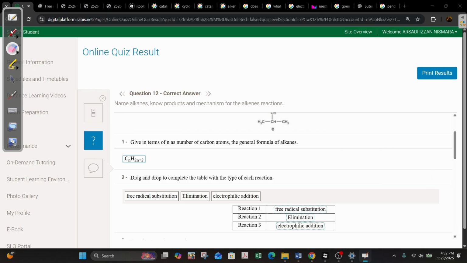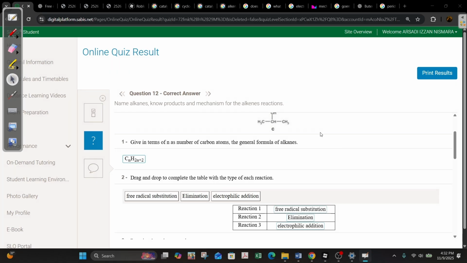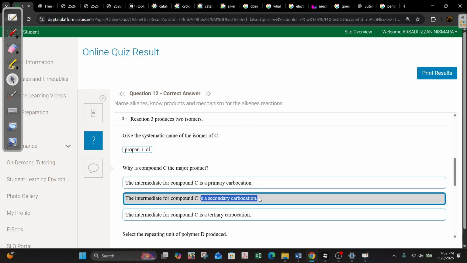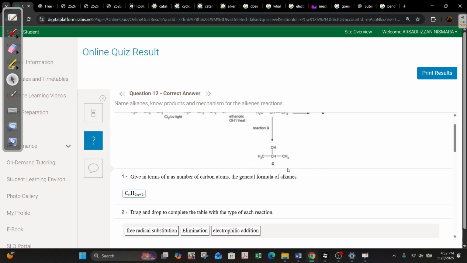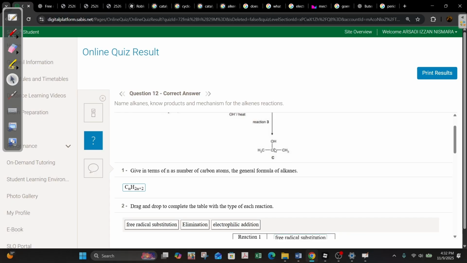A primary will be this R group and H, H. In propan-1-ol, this is unstable. It's the least stable out of all. So yeah, the secondary carbocation. And a tertiary, you'll never get a tertiary from this isomer, I'm pretty sure.